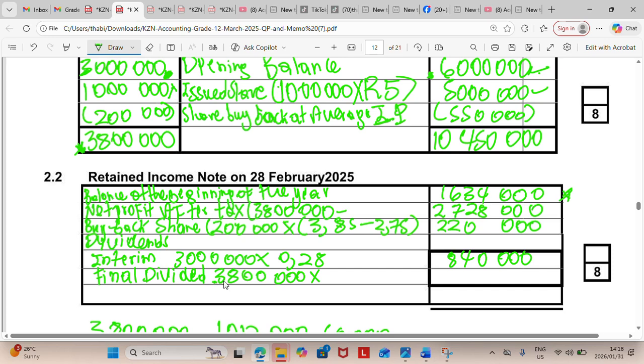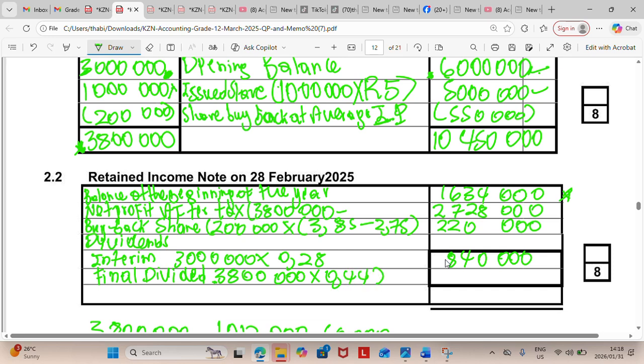3,800,000. They are saying final dividends, right? They are on all shares that we have in our share register. On our share register, we have 3,800,000. And then we multiply by 44, which is 0.44.